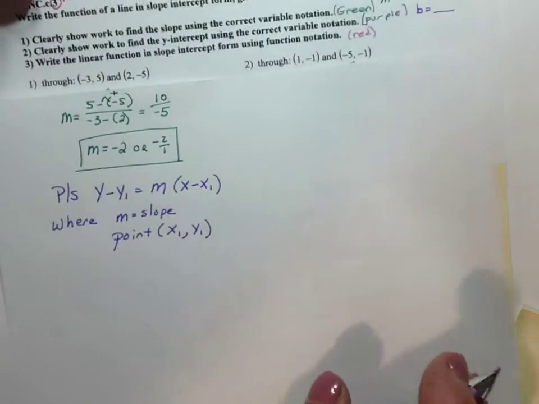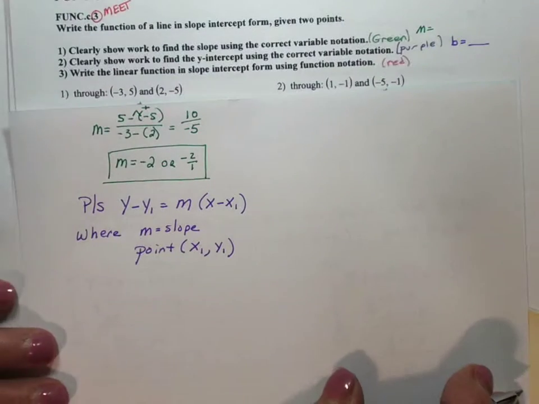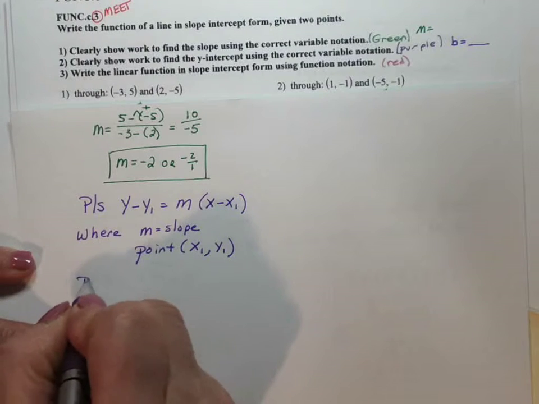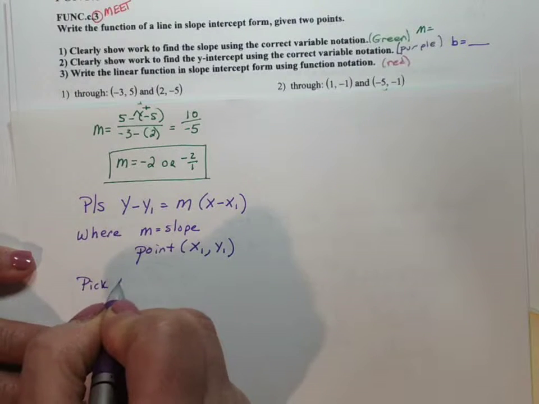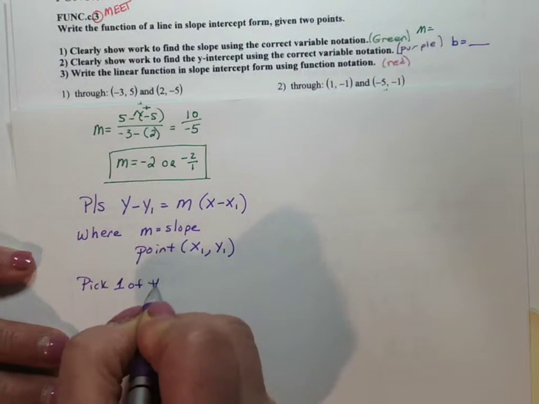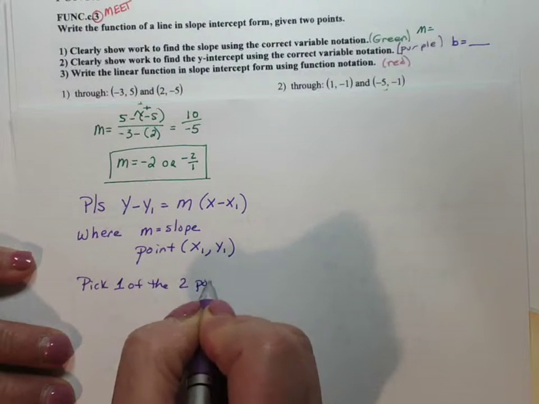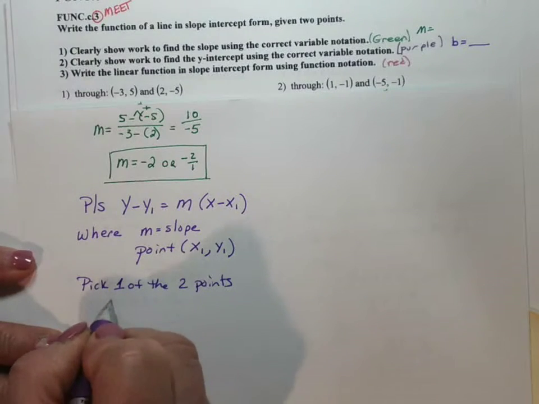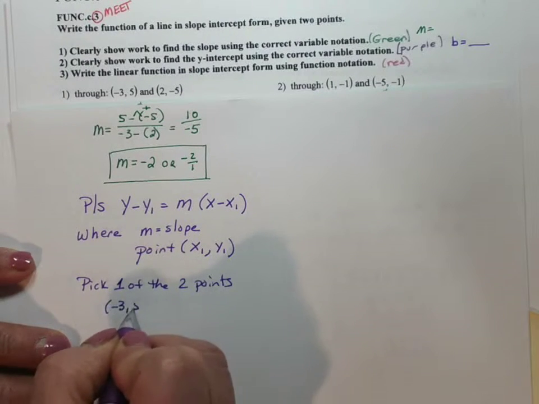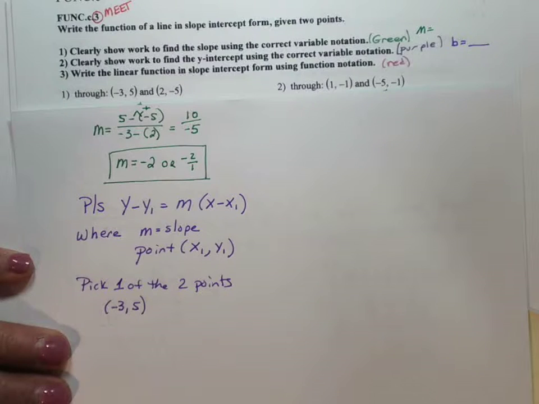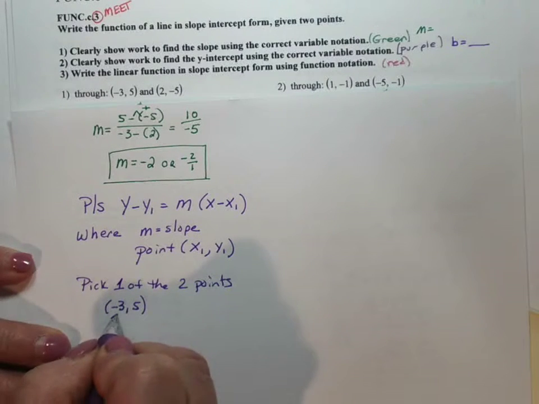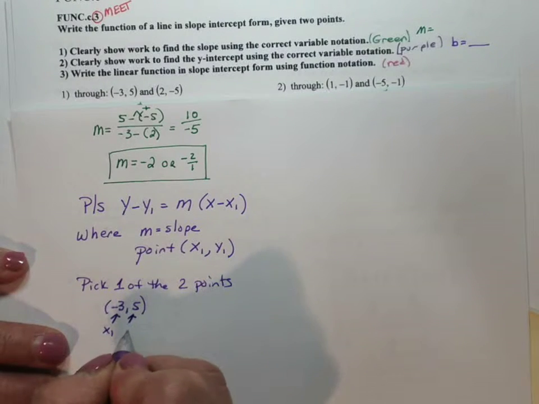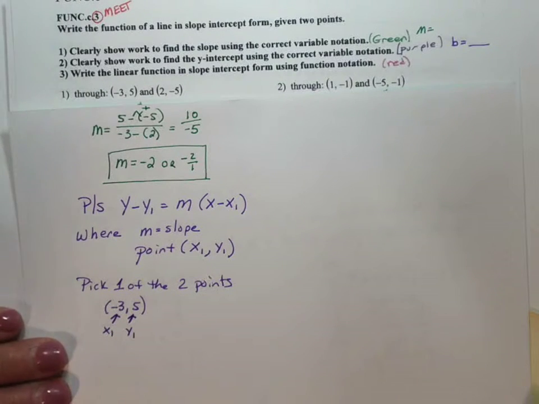And if you find that you think one of the points is going to be easier, then you pick the easier point. So you pick one of the 2 points. So I'm going to pick the first point, -3, 5. And that is x1. And that is y1.